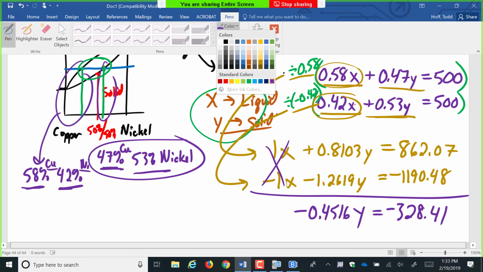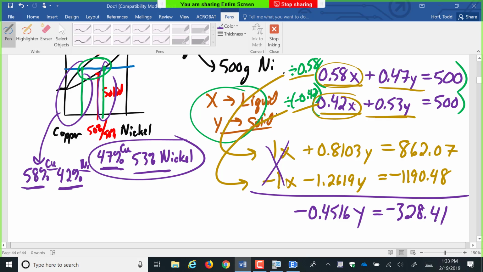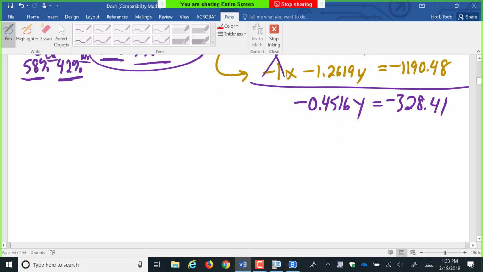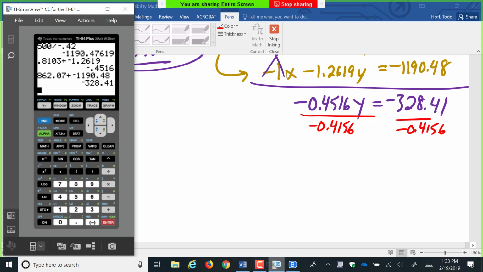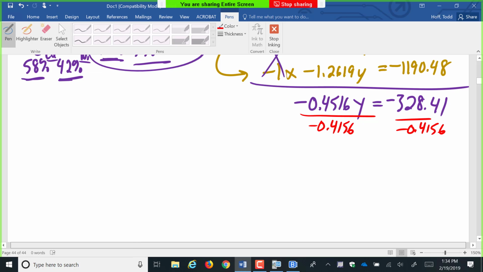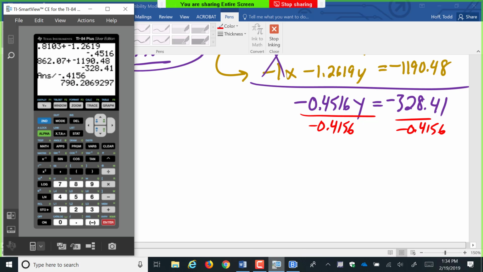And of course, now we will divide to solve for Y. So we divide by a negative 0.4516. Thank you.